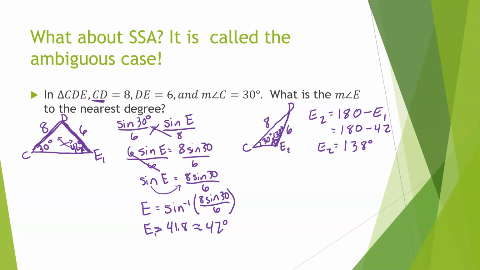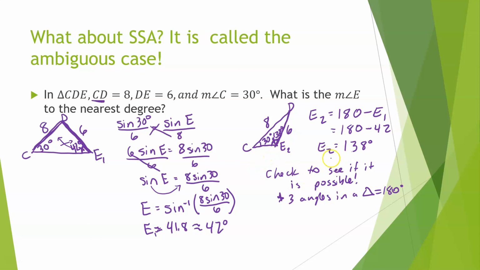Now, here's the final check you have to do. Check to see if it works or if it is possible. Remember, the three angles in a triangle equal 180 degrees. Every once in a while, when you find your second angle measure, if you put it into the triangle, it wouldn't work because the three angles would have to be bigger than 180.